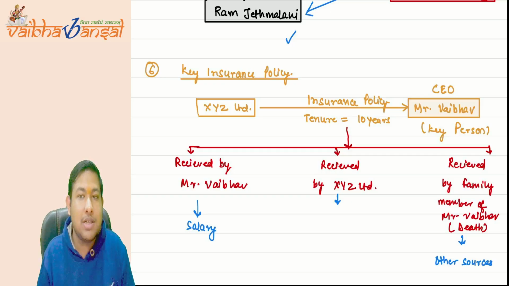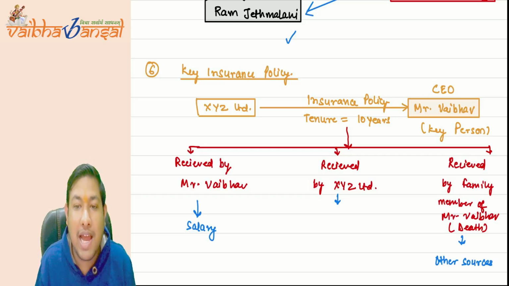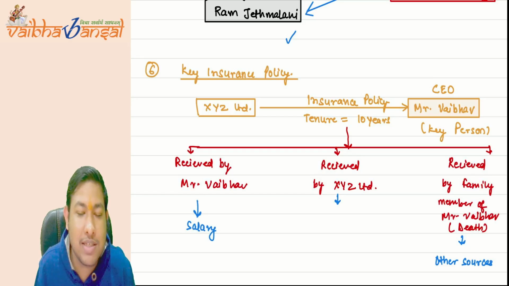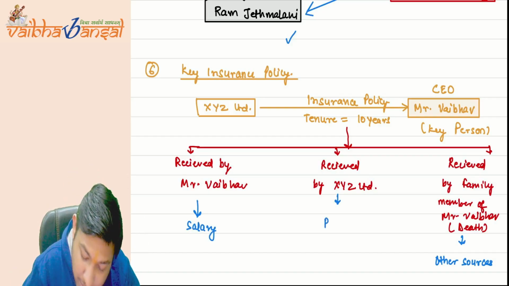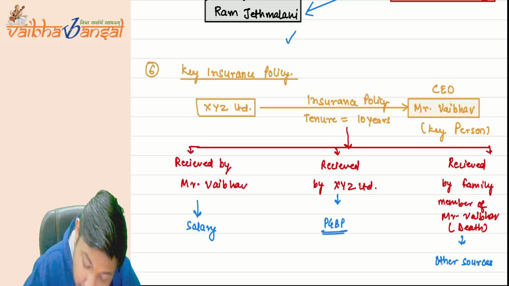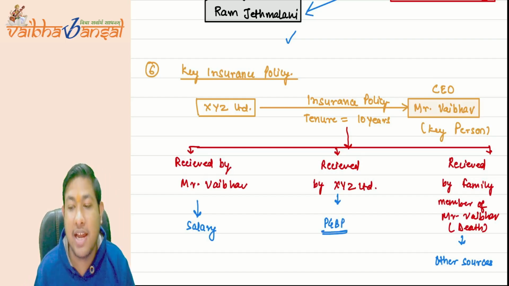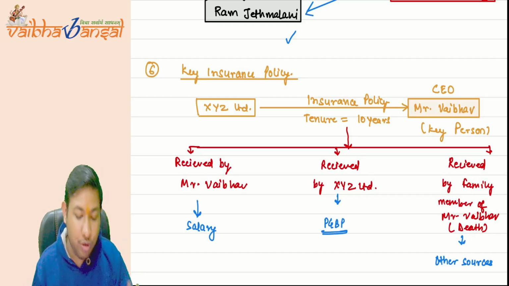For that business purpose, XYZ Limited received the life insurance policy. In that case, it will come under the head PGBP. I hope it is clear.